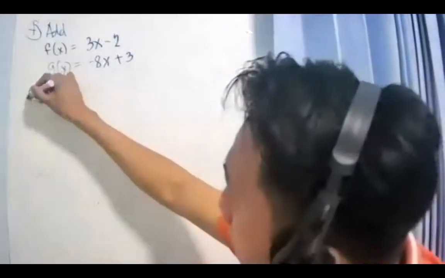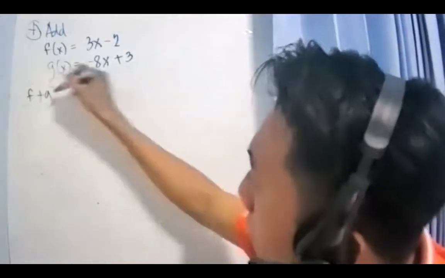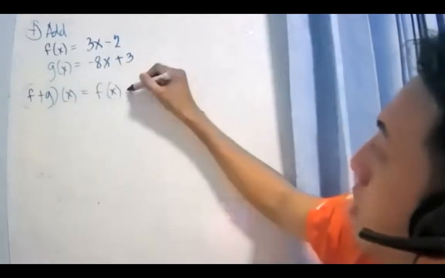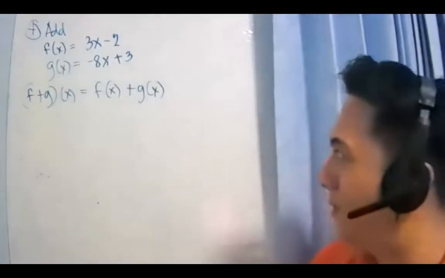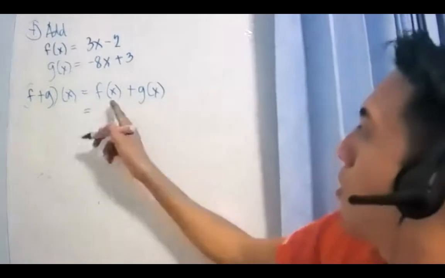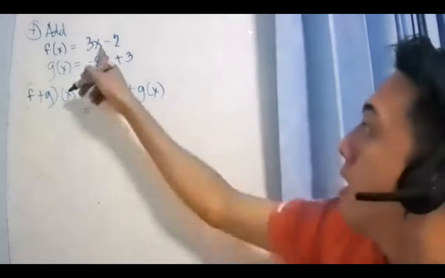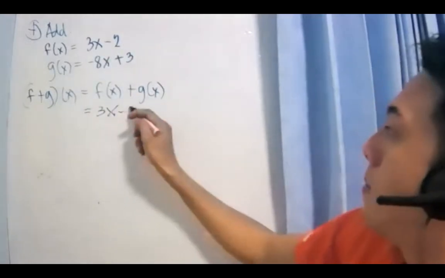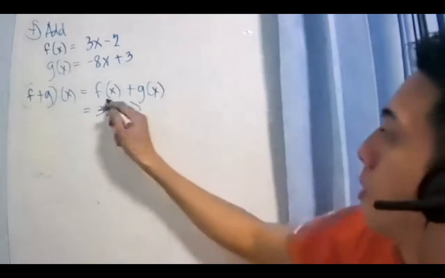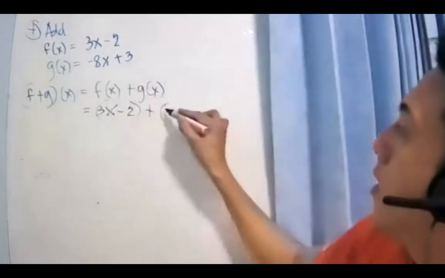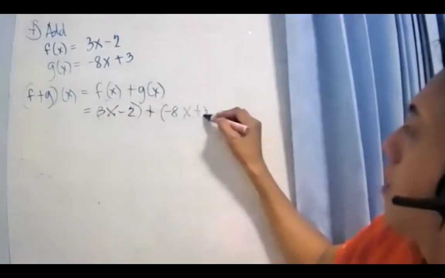Now, we need to add them. So I will put f plus g of x equals f of x plus g of x. Right? Now let us put those values of f of x and g of x. The value of f of x is 3x minus 2 plus the g of x is negative 8x plus 3.